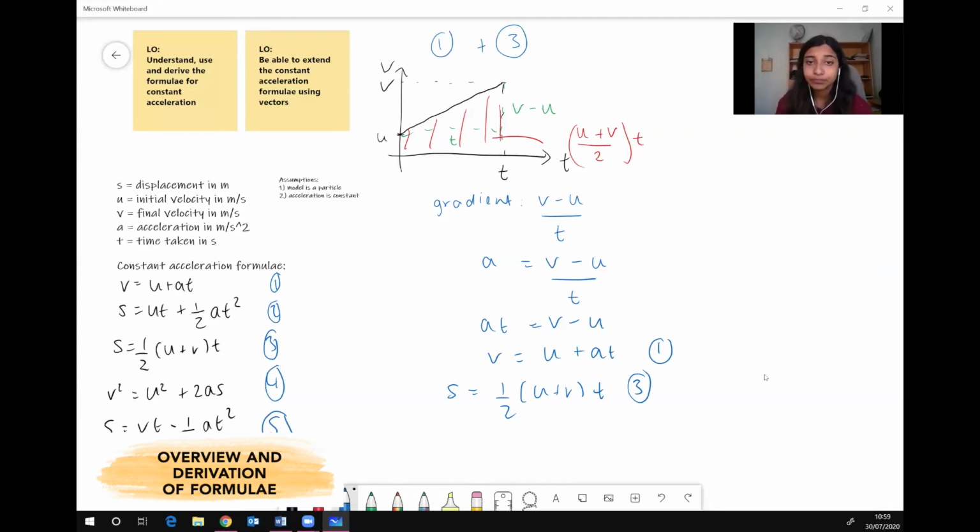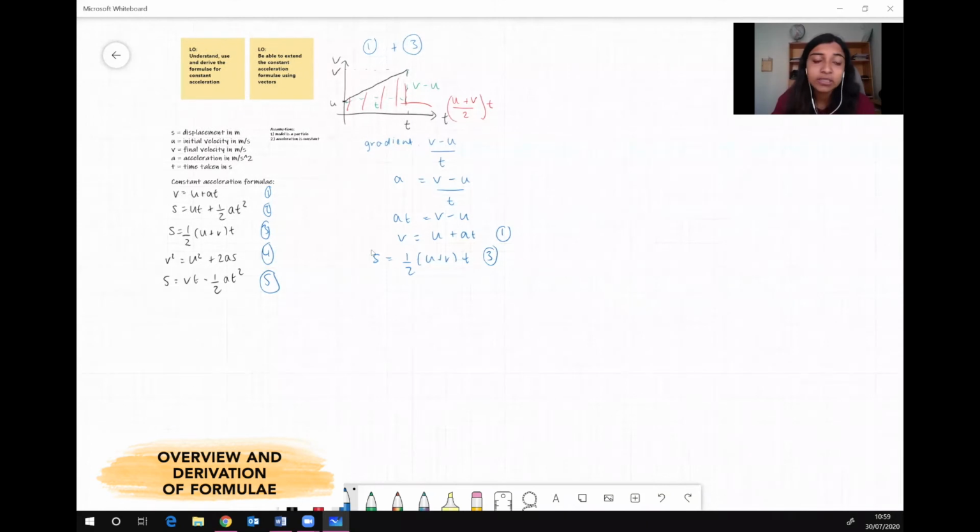So now we can use these two equations to derive our other three equations just by using substitution. If we start off by subbing v equals u plus at into our equation 3, then we could say that s is just equal to half times (u plus at) all times t.